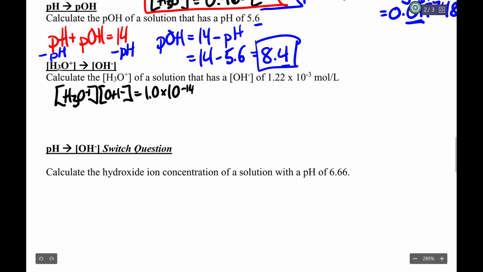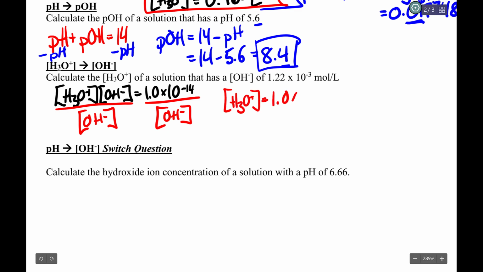It looks very, very similar because mathematically it is very, very similar. Now, what we're going to do is solve for hydronium. So we're going to divide the hydroxide across to the other side, like so. And so my hydronium ion concentration would then be 1.0 times 10 to the negative 14 all over the concentration of hydroxide, which is 1.22 times 10 to the negative 3.